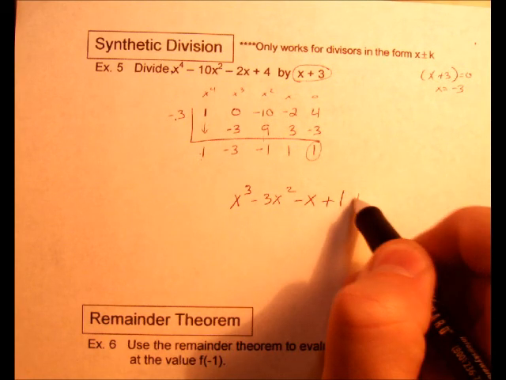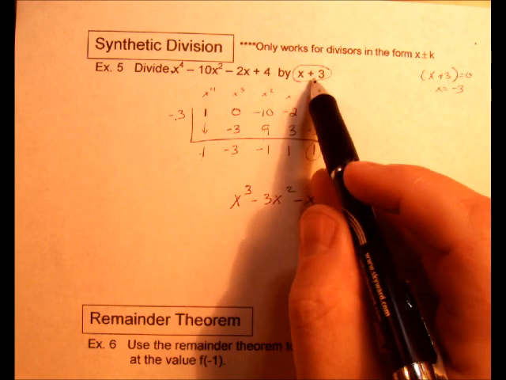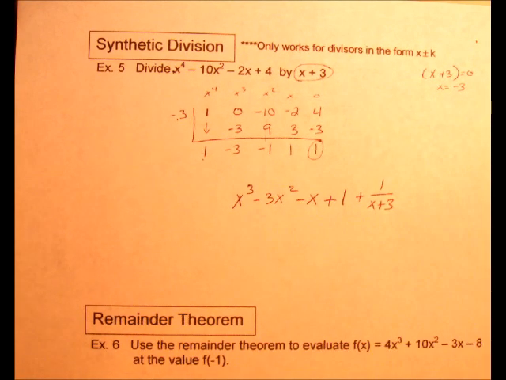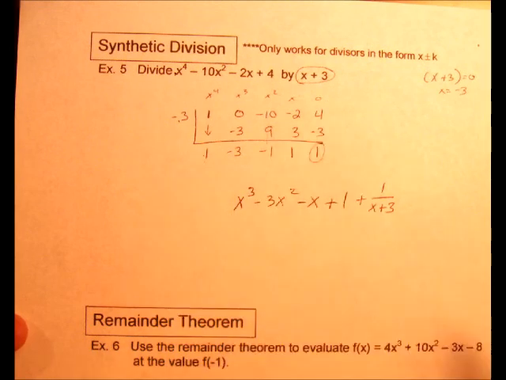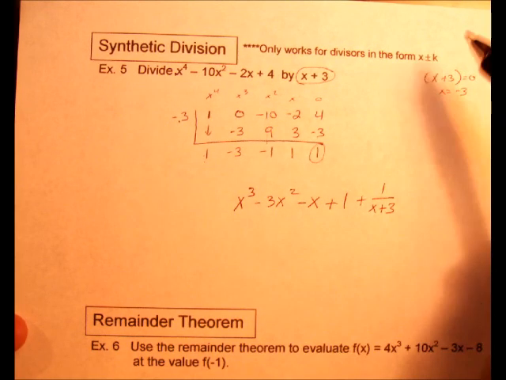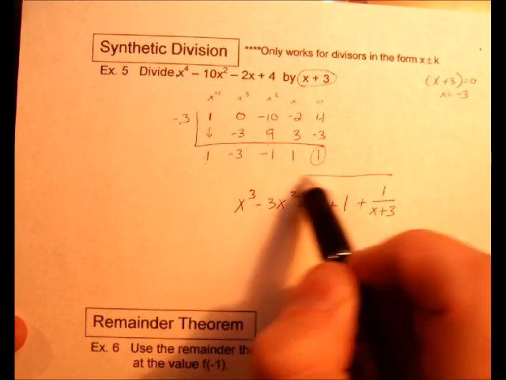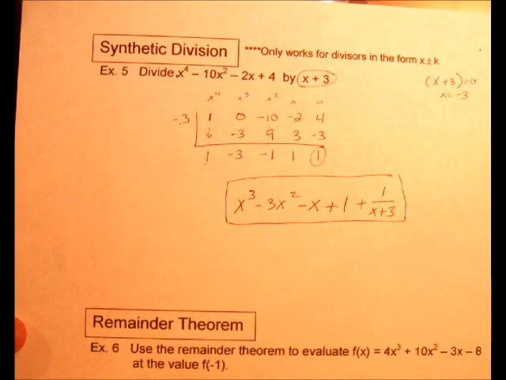So that would be plus 1 over, and what do we divide it by? We divide it by x plus 3. So you can see how this would be a shortcut instead of having to do that really long division. This is just a nice little shortcut, but it only works when it's in the form of x plus or minus a number. But we know that that would be our final answer there.